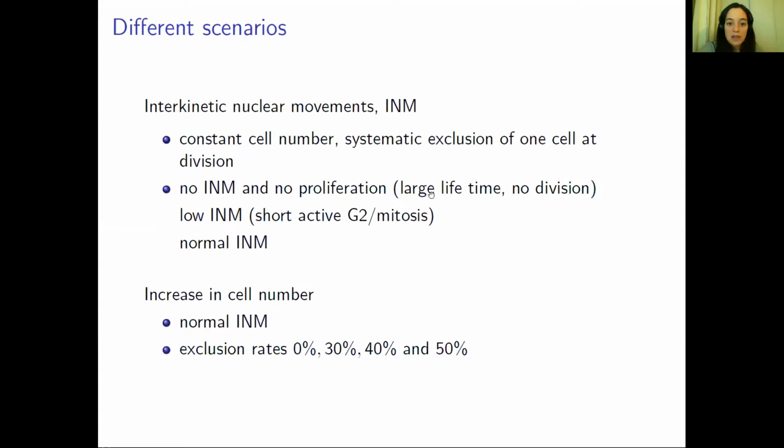This is achieved by controlling the lifetime of the cell and the duration of active G2 and mitosis. Then we study the increase in cell number by considering normal nuclear movements and considering exclusion rates of cells at division of 0%, 30, 40, or 50. So 50% leads to constant cell number over time.